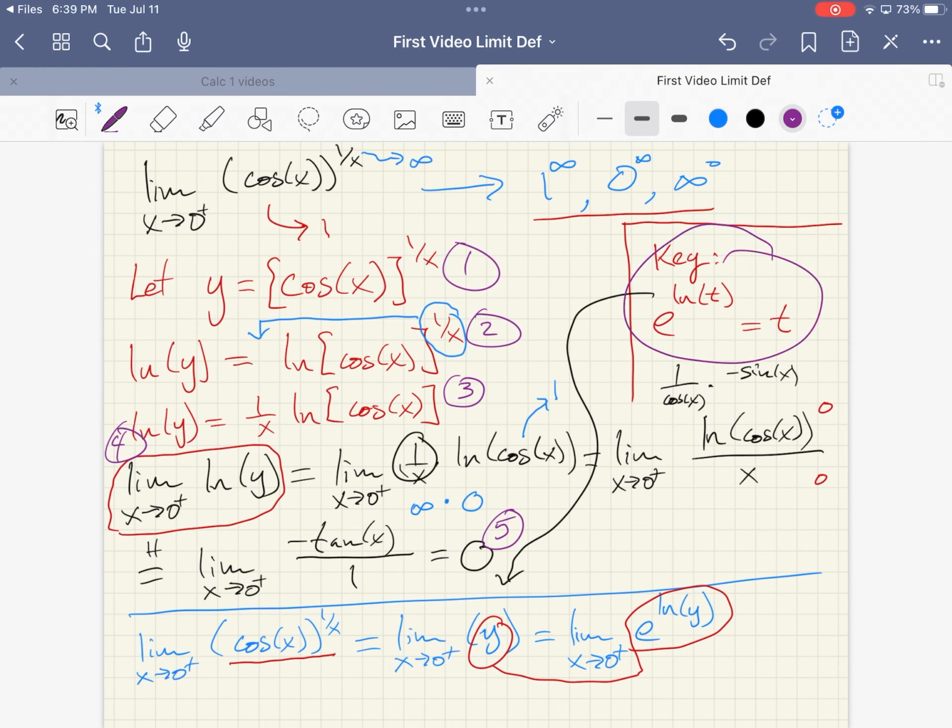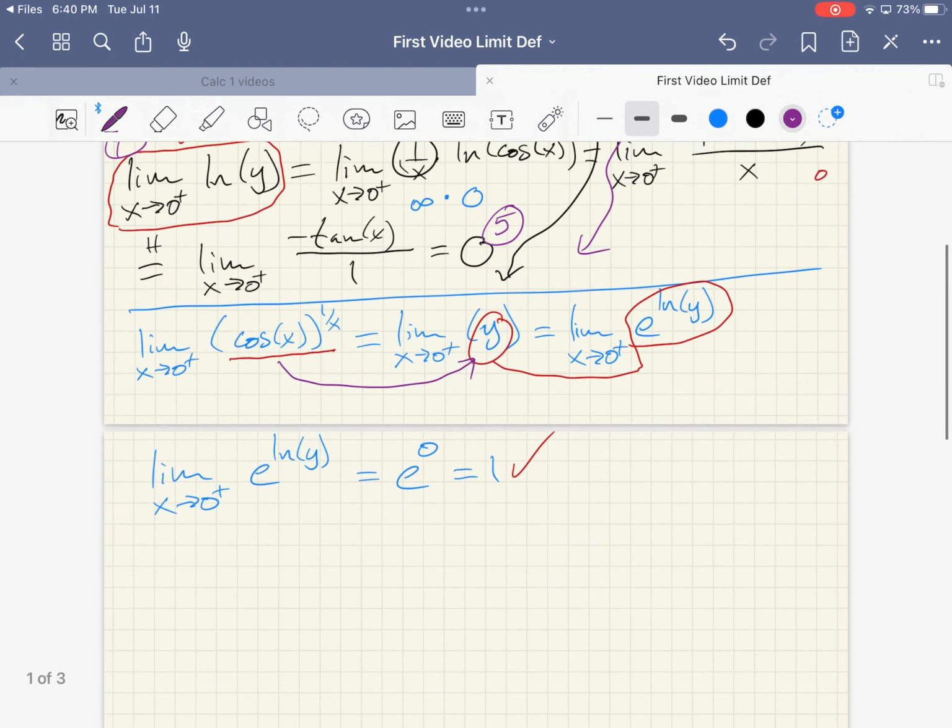And that's where this key ingredient comes into play. So we start back where we wanted. We replace that with y. But we know that y is the same as e to the natural log of y. And I know what the limit as x approaches 0 of natural log of y is.